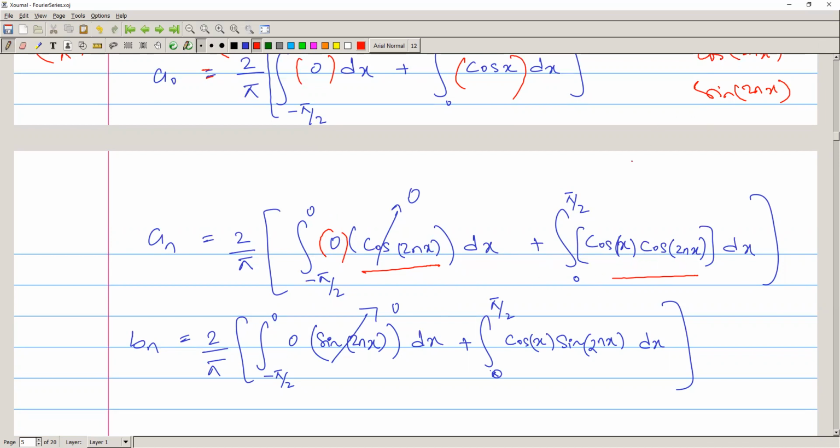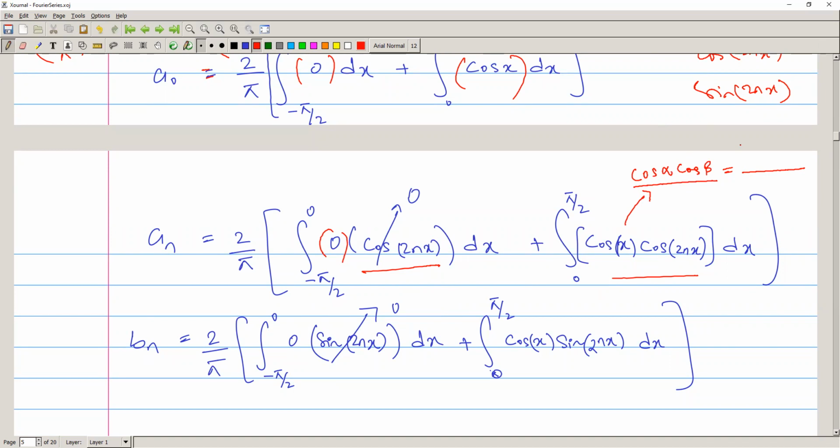First of all, for integrating this function, you should be aware that cos alpha cos beta can be converted from product form to sum form. You can apply the trigonometric identity for this.